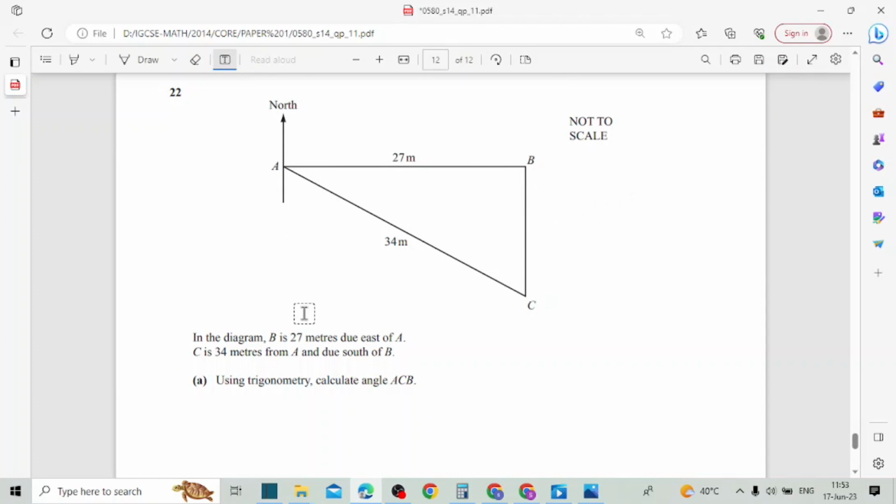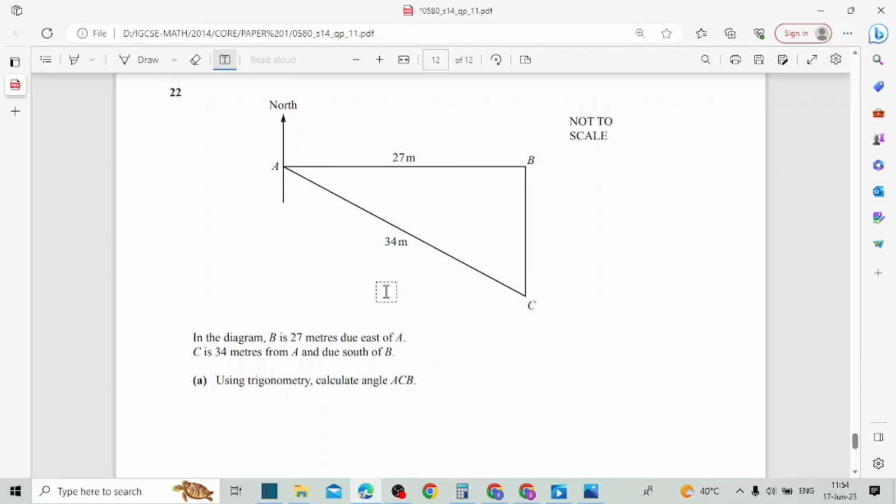In the diagram, B is 27 meters due east of A. Now, C is 34 meters from A, due south of B. Down is south, right is east, left is west, and top is north.